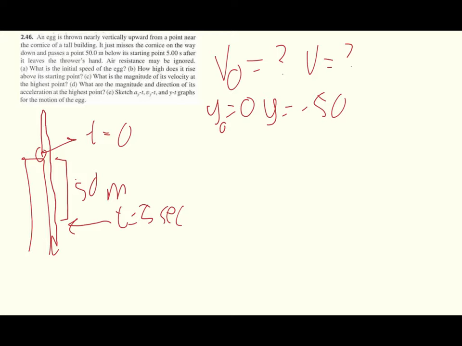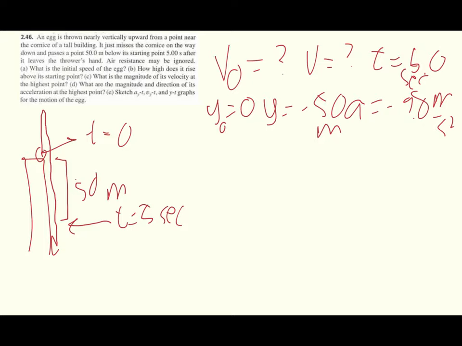You could call that 50 and 0 if that makes you happy, but I just chose those two. I know that the acceleration is negative 9.8 meters per second squared. And the time that it takes is 5.0 seconds. So I need an equation that doesn't have final velocity in it, but has everything else.